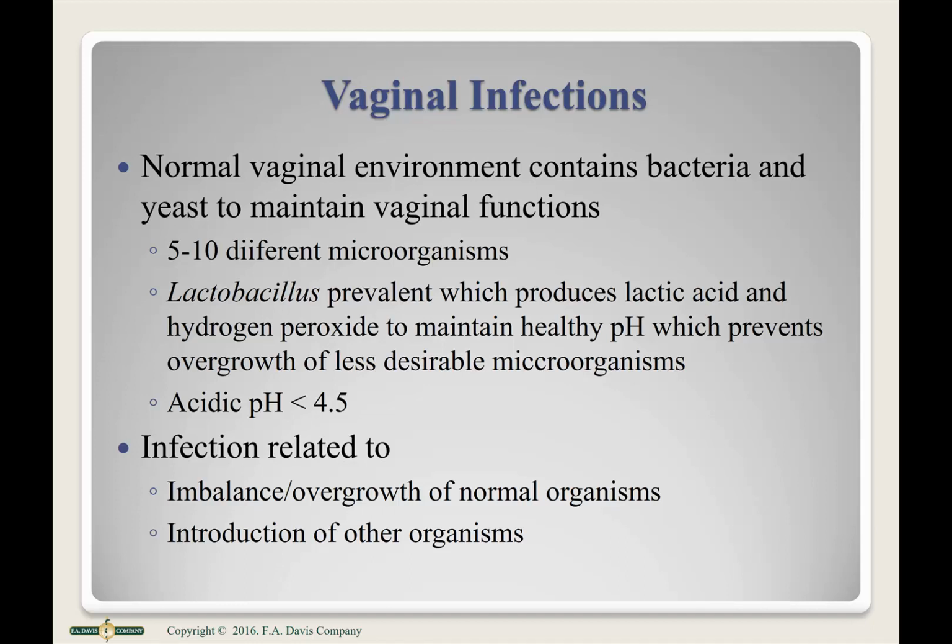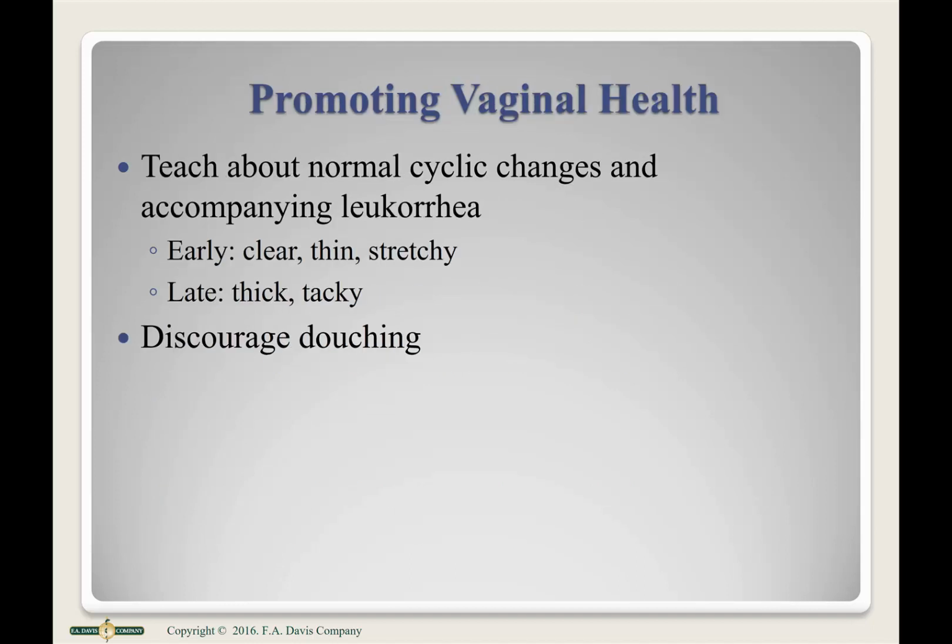So if that environment is messed up in some way, shape, or form, like for some reason we do not have our normal flora, then that could set us up for abnormal growth of bacteria that's not part of our normal flora, or just because we have too much or too little of the good bacteria. So those are all reasons why we could possibly get an infection. And our pH could be off as well. So that could also lead us to developing an infection.